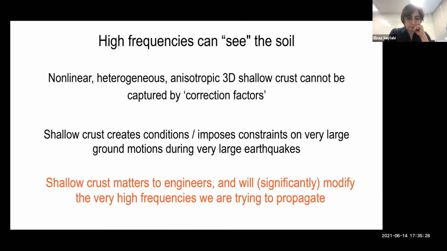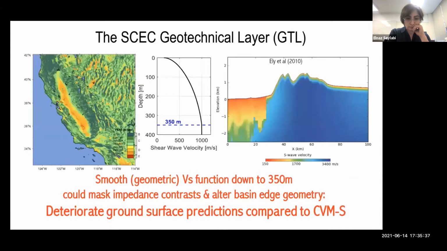And so that has motivated us to look into improving the poorly resolved shallow crustal models that we have by using data-driven applications. The Southern California Earthquake Center geotechnical layer is shown here. It's a smooth geometrical function that is a function of the shear wave velocity, the average shear velocity of the top 30 meters, known as VS30.